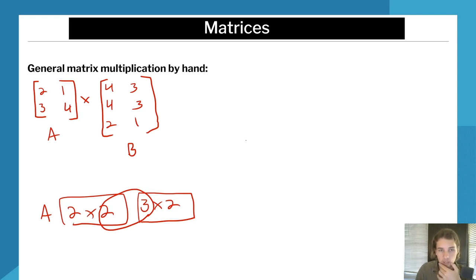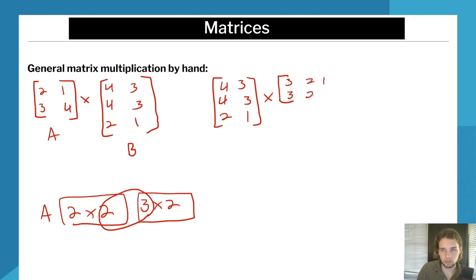Now, let's actually put that into practice. So instead, let's look at this matrix as such. We'll use B again, and then we'll multiply it by C. We'll do it like this. Make it simple.